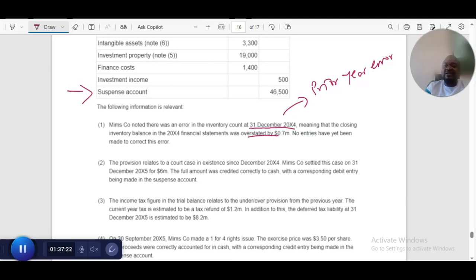It means that the retained earnings were overstated, and inventory as well. Inventory was also overstated. The profits were actually overstated, and the inventory was also overstated. Which means the opening inventory balances and the opening retained earnings balances have to be reduced.